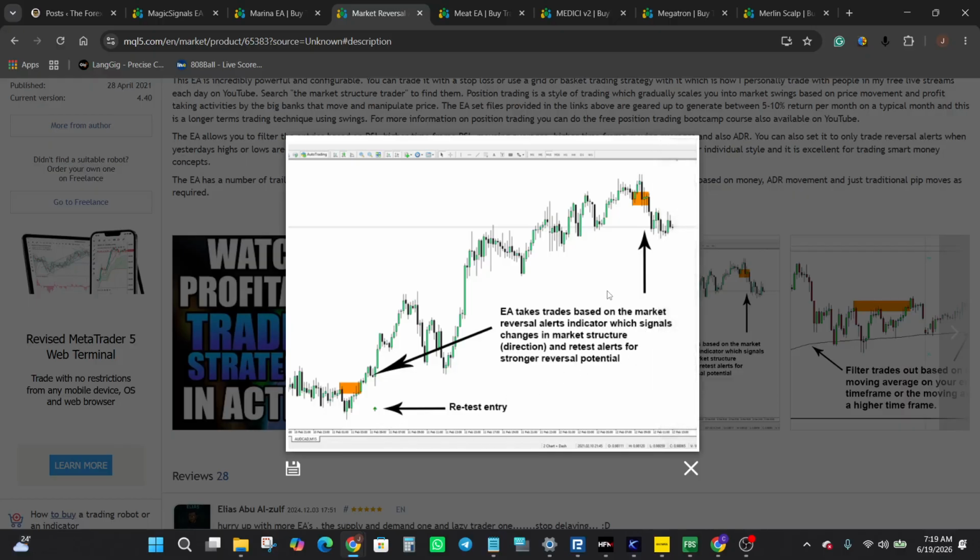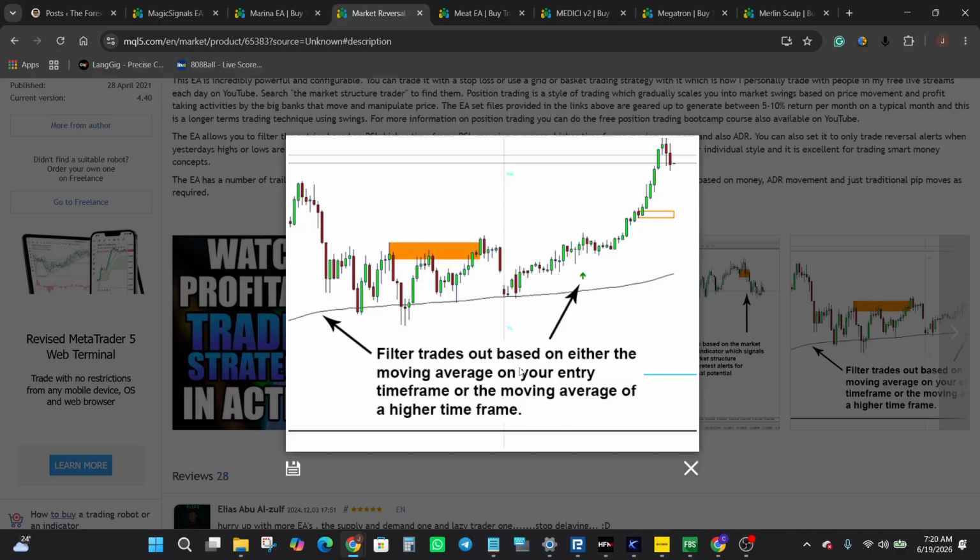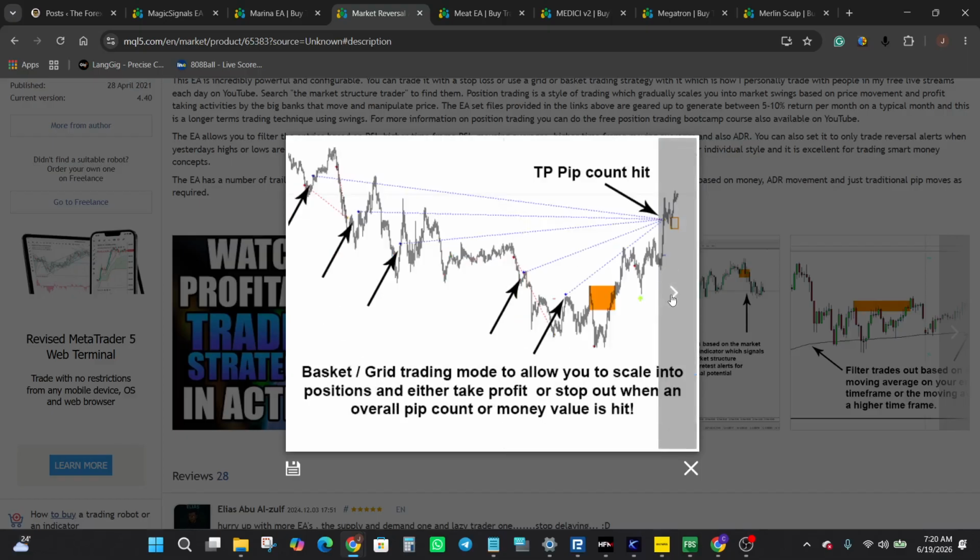Okay, so based on how we have already understood the structure idea behind the expert advisor, we can see how the EA takes trades based on the market reversal alert indicator, which is based on the market structure concept. It filters trades based on either the moving average on your entry time frame or the moving average of a higher time frame.